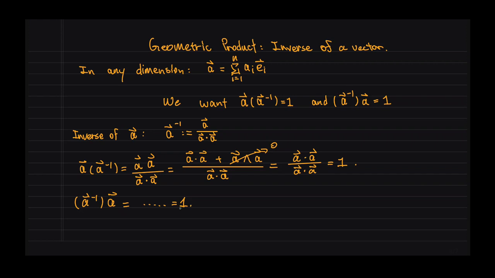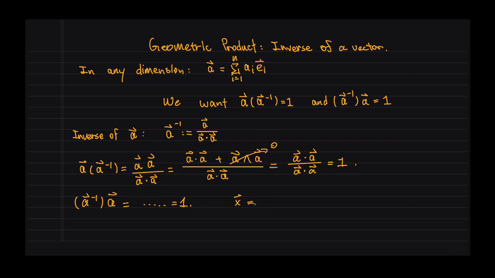So now we are able to construct the inverse of any vector that we have. And we will use this inverse property to derive projection and rejection, which we will show in a later video.